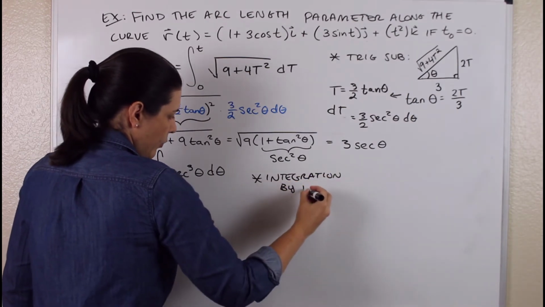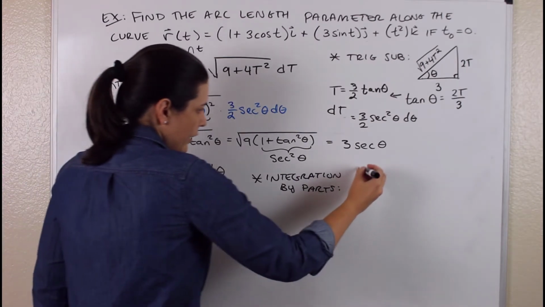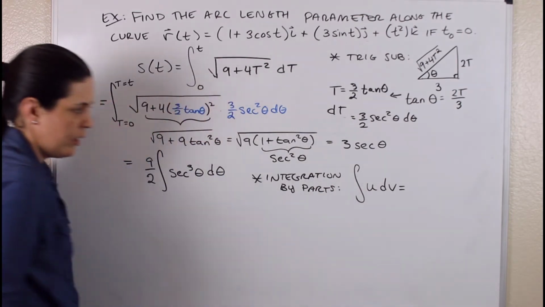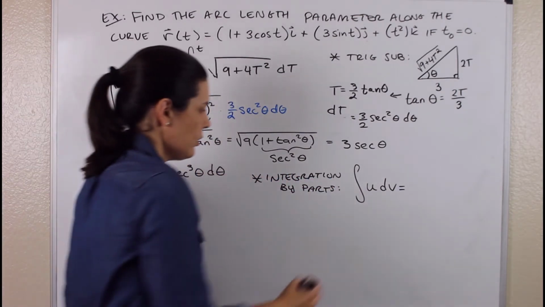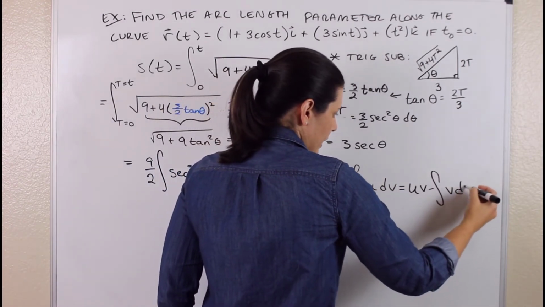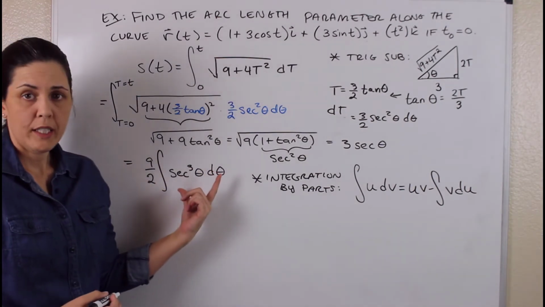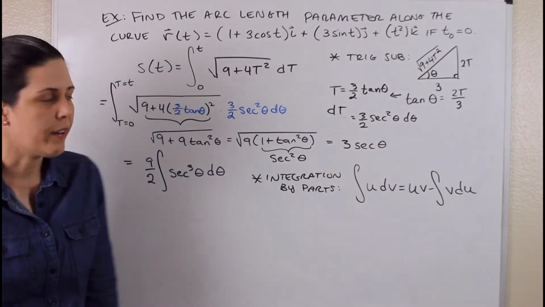The formula for that, the way that I write it, is the following. The integral of u dv equals, so that's your original integral, that's what we're working with here, it equals u times v minus the integral of v du. So you rewrite one integral that's complicated to work on in terms of this other integral that's hopefully easier to figure out.